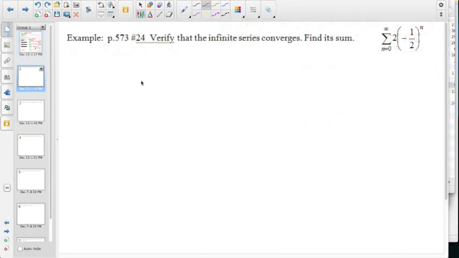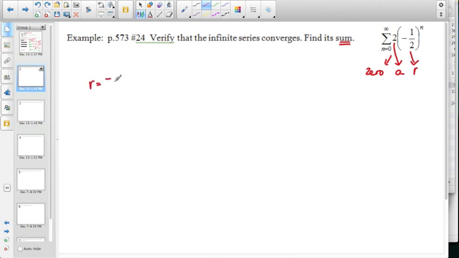So for the geometric series, it says verify that the finite series converges. All we have to do is look at the value for r. So we look up here. We verify that the series begins at 0. That's important for finding its sum. We identify that the value of a is 2, and we can identify that the value of r is minus 1/2.